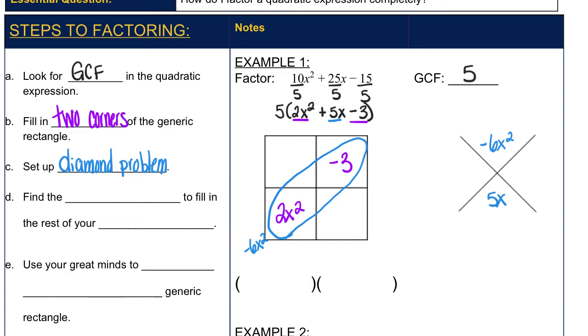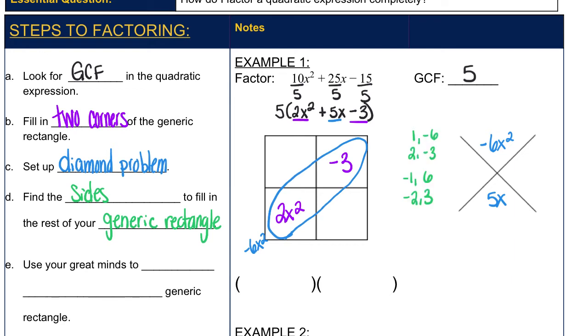So the next thing I need to do is find the sides to fill in the rest of my generic rectangle. And that's going to go in another color. So I'm going to go ahead and list the different ways to multiply to negative 6.